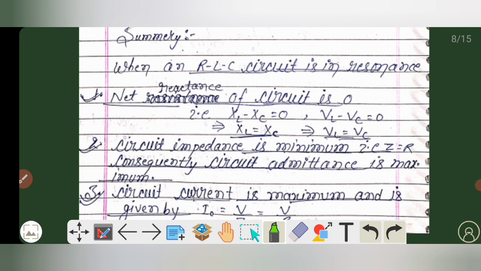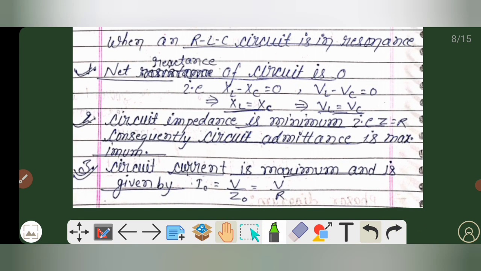If the impedance Z is minimum, then as we know, 1 by Z is admittance, so admittance will be maximum. The next point is that the circuit current is maximum, because impedance is minimum.